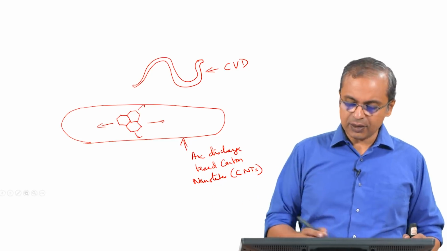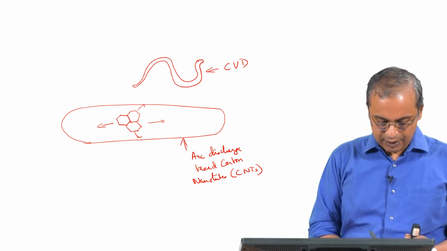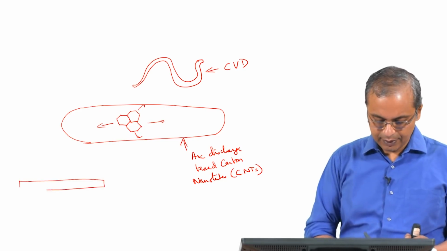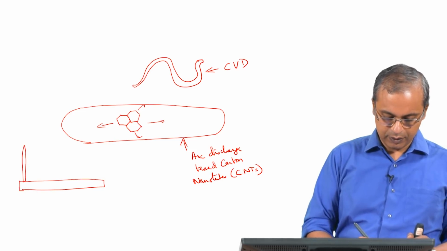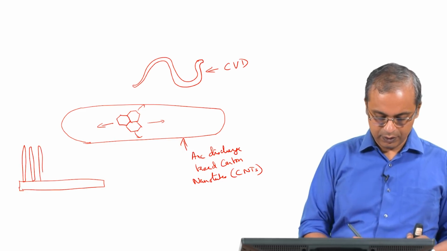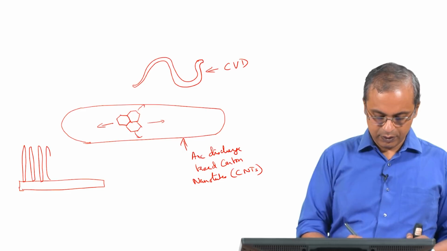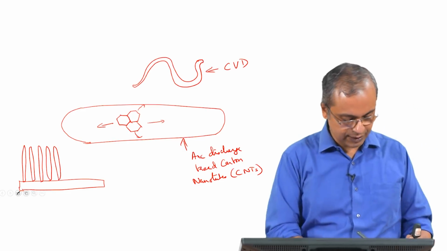So, these straight structures or the coiled structures you can use in an electrode. So, for example, if this were your current collector, you could line all of these up on top of that. So, I have just drawn some for example.